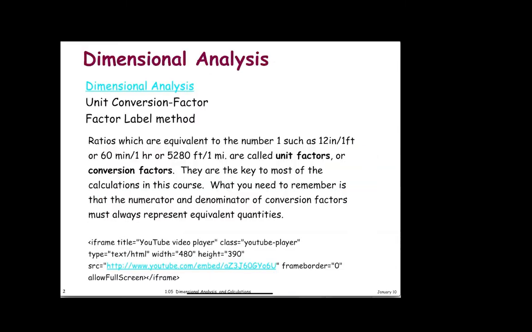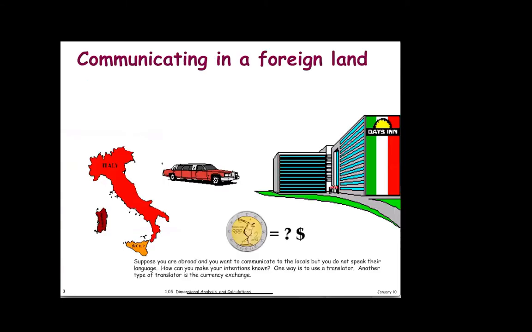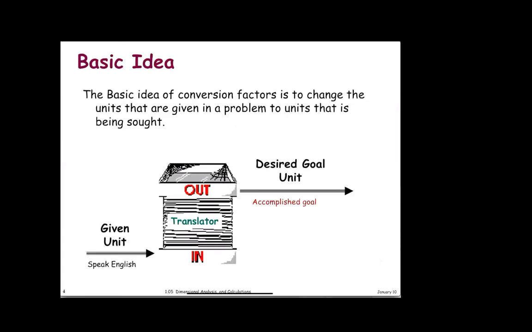The key to dimensional analysis is the conversion factor. A conversion factor is like a translator. It takes one set of units and translates it to the desired set of units. This is just an analogy, but the whole idea of dimensional analysis is that in the problem that you have, you're always going to be provided some given information, and then you're going to be asked a question. That's the goal.